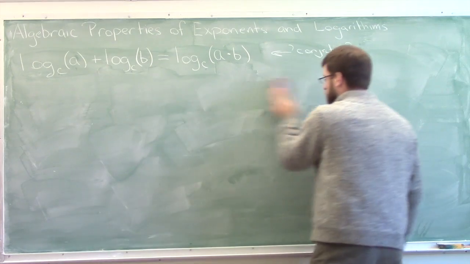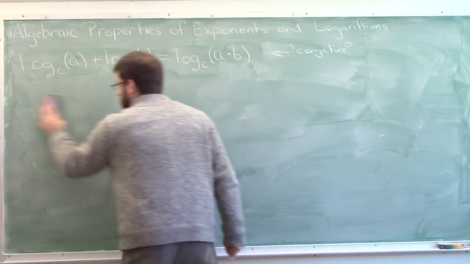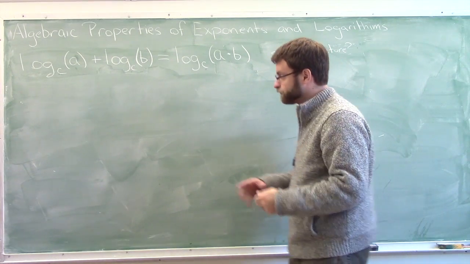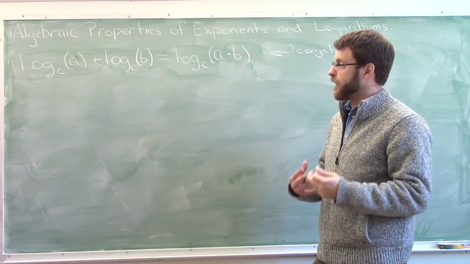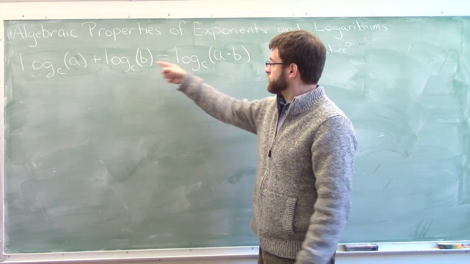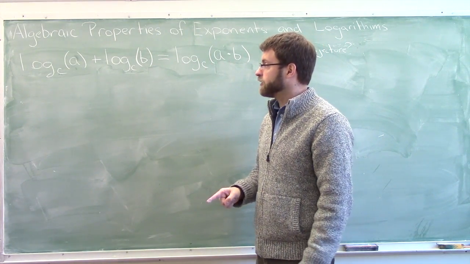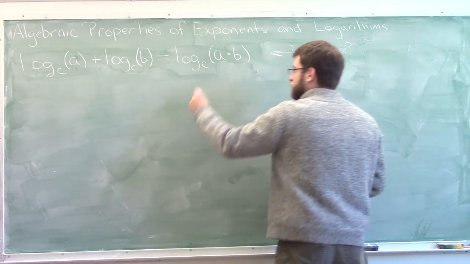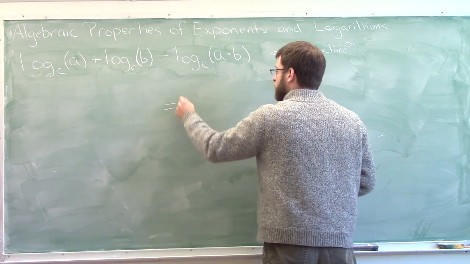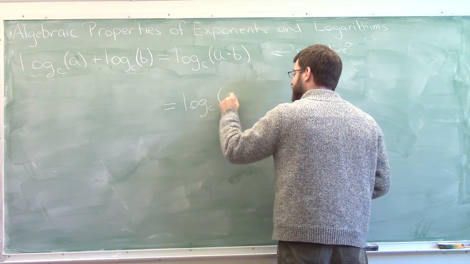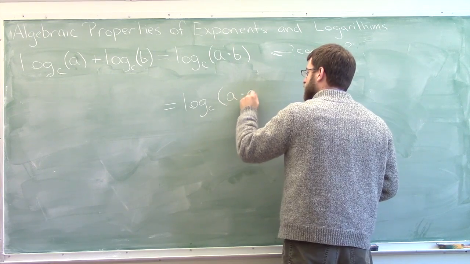Right? From there, there's a second property of logarithms, which we can argue just from what we already know. So if I think about this as a combining property, check this out. Let's suppose I have log base c of a times a.